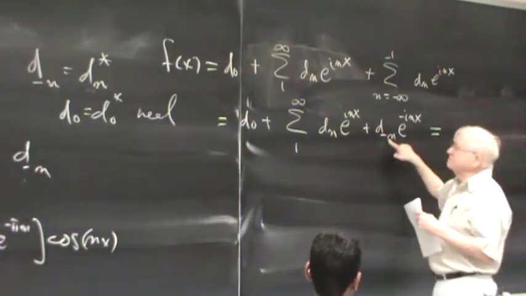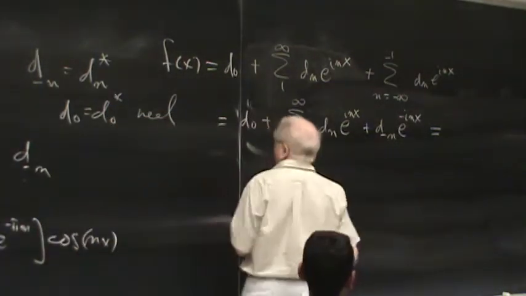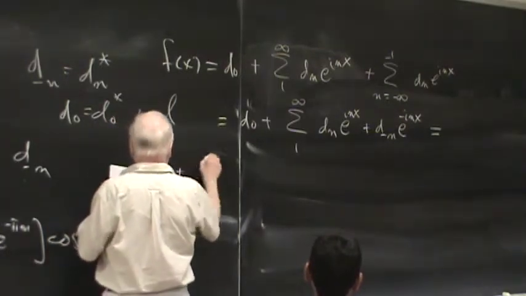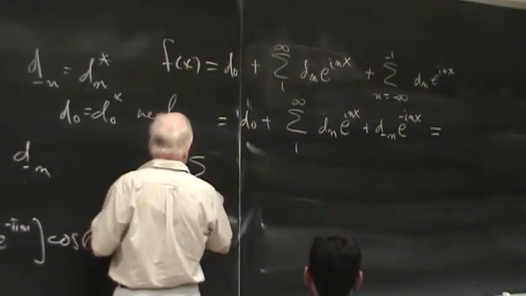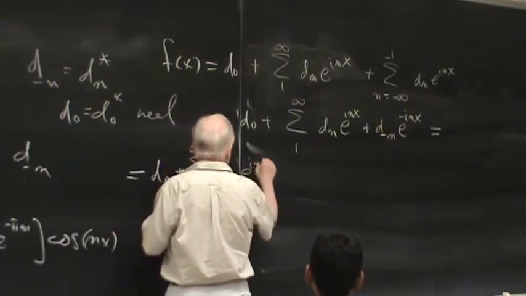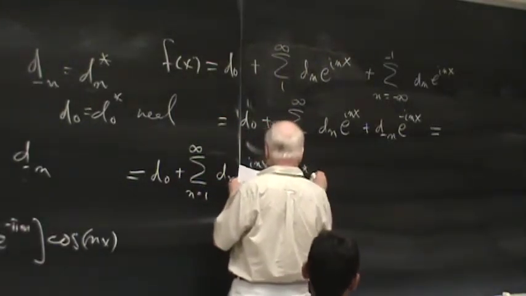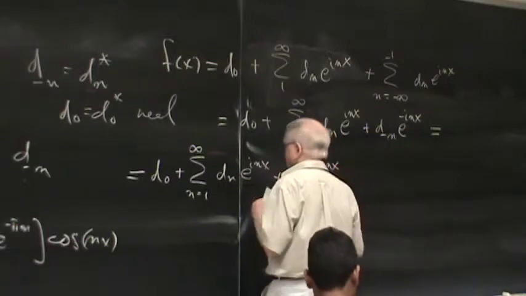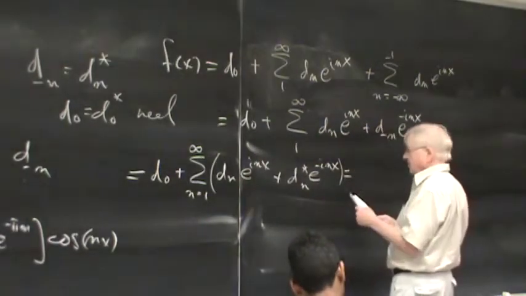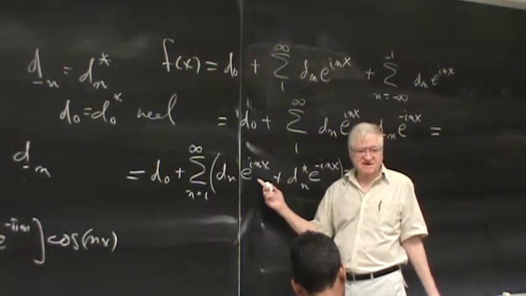On the other hand, d sub minus n is d sub n star. And so this is equal to d0 plus the sum from 1 to infinity of dn e to the i n x plus dn star e to the minus i n x. And now we can, of course, expand e to the i n x as cosine nx plus i sine nx.